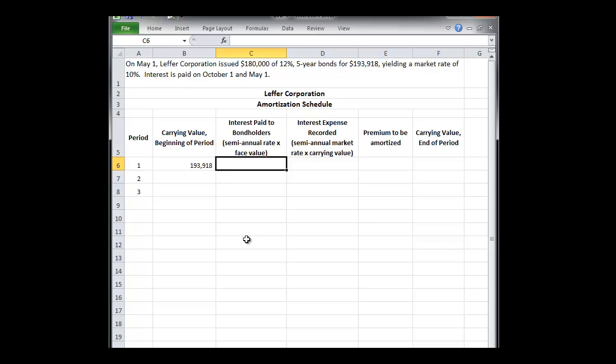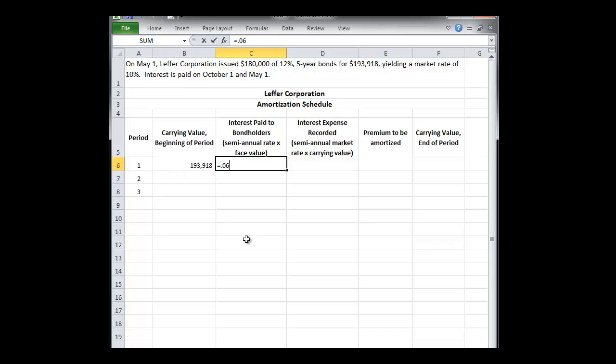Okay, so which one of these rates is the correct rate to use? Is it the 12% or the 10%? Well, it's going to be the 12% rate because that's what's printed on the bonds. That's what is used to determine the interest that's paid to the bondholders. So since we're calculating this for half a year, we use half of that 12%, which is 6%.